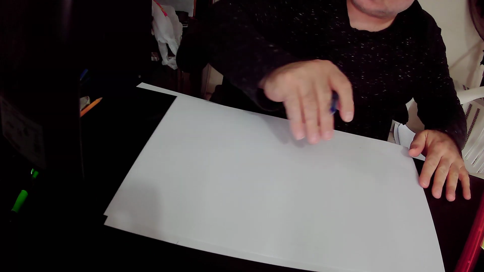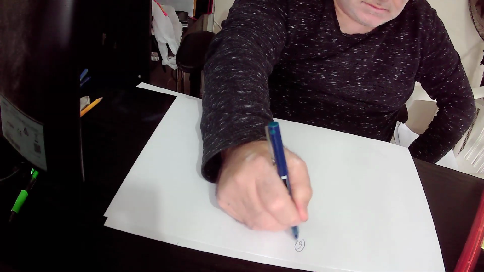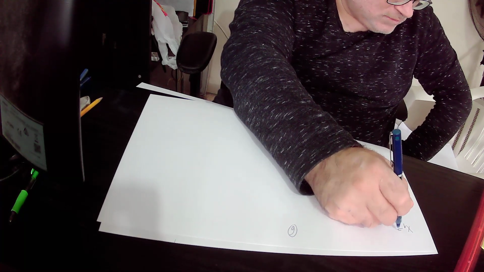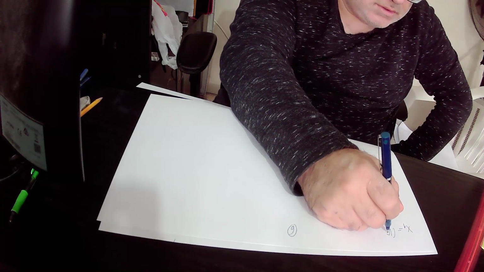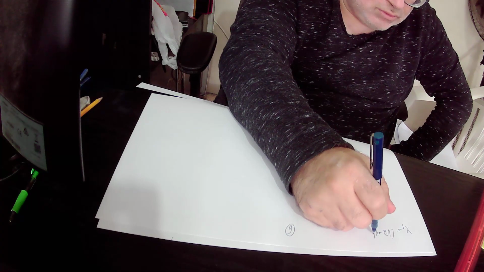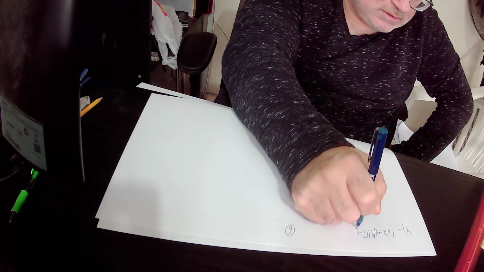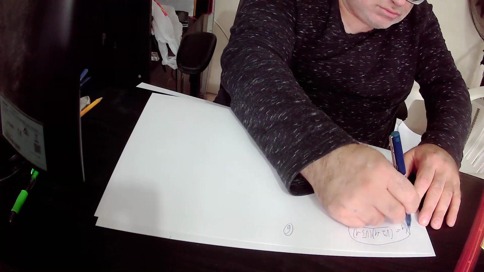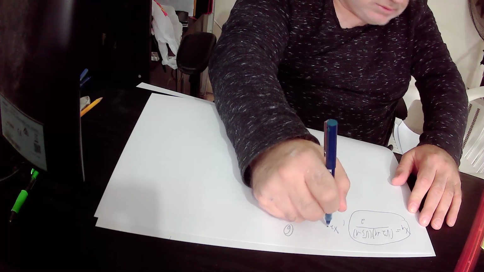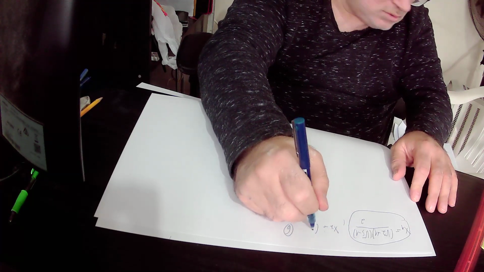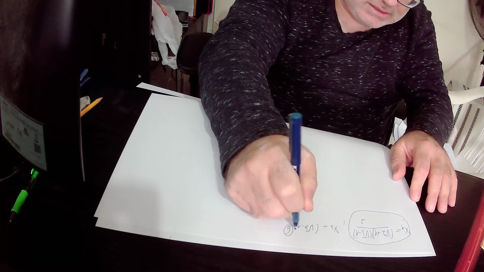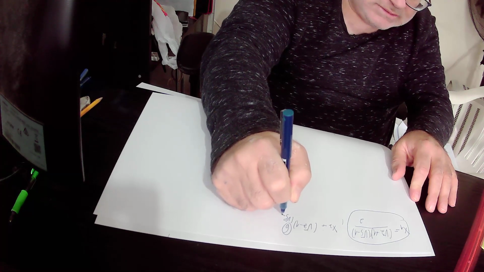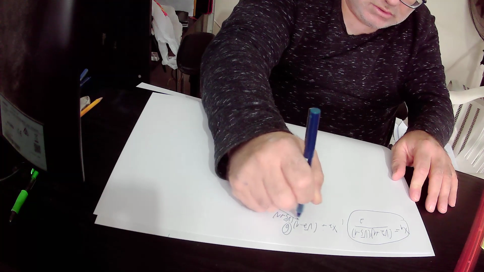We actually found out that x1 equals square root of 2 plus 1 times square root of 5 minus 1 all divided by 2, and x2 equals square root of 2 minus 1 times square root of 5 plus 1 all divided by 2.